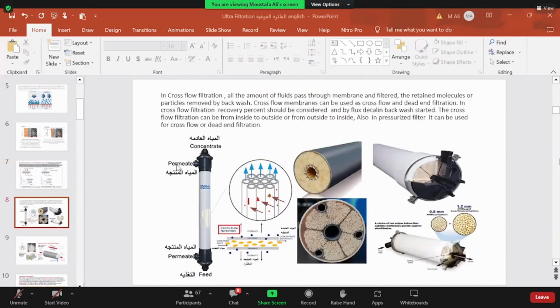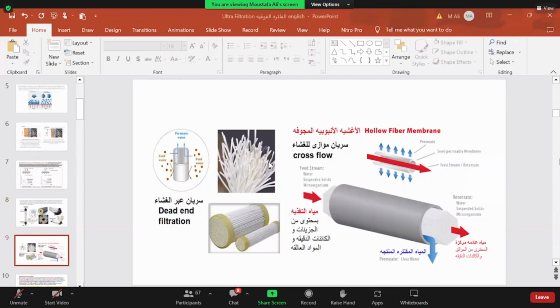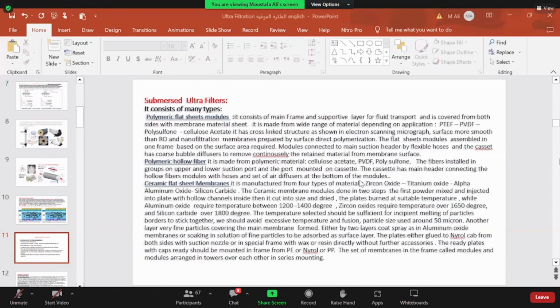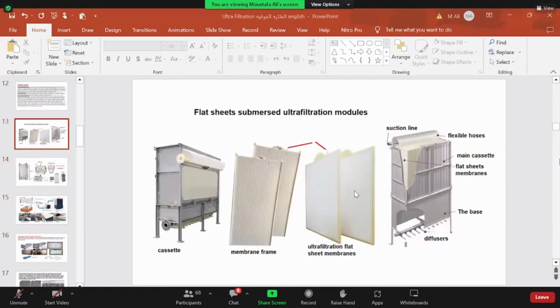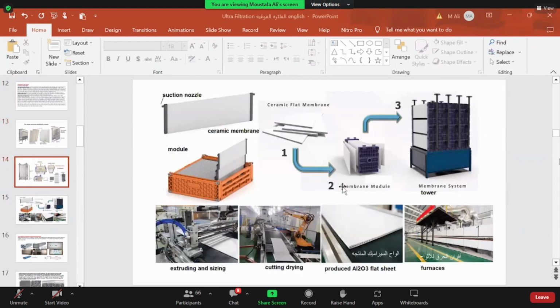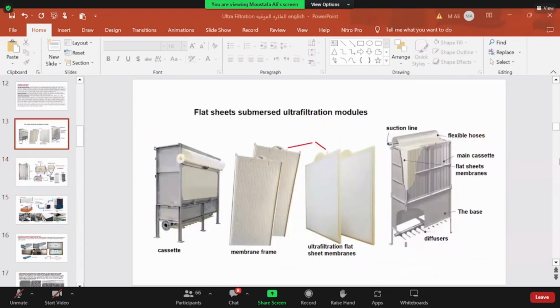Let's go to this. We already said that the hollow fiber polymeric membrane exists as shown in the figure. This is a flat sheet, and this is a hollow fiber, which we can see here.